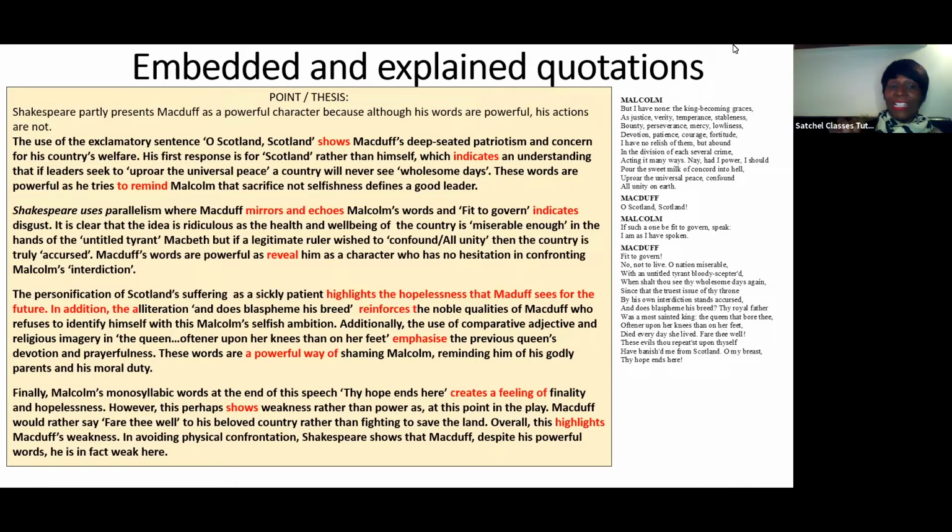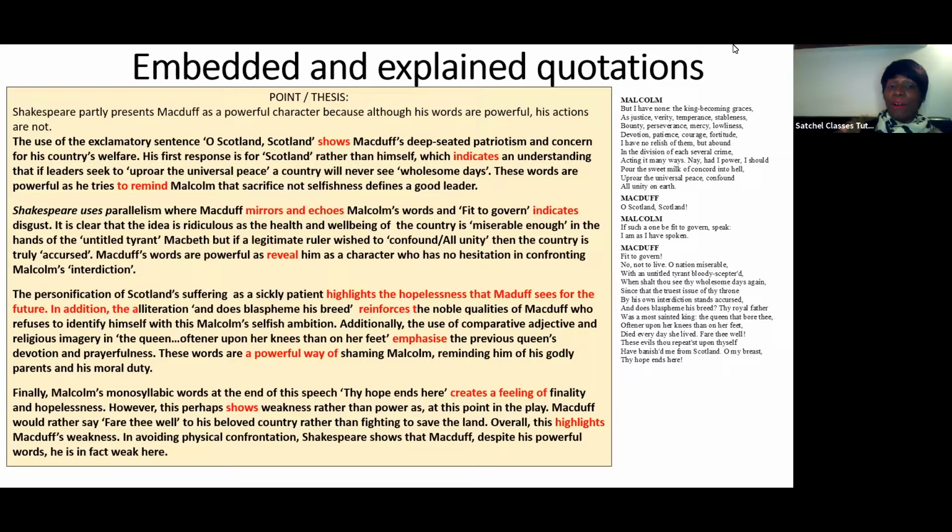It's clear that the idea is ridiculous, as the health and well-being of the country is miserable enough in the hands of an untitled tyrant, Macbeth. But if the legitimate ruler wishes to confound all unity, then the country is truly accursed.